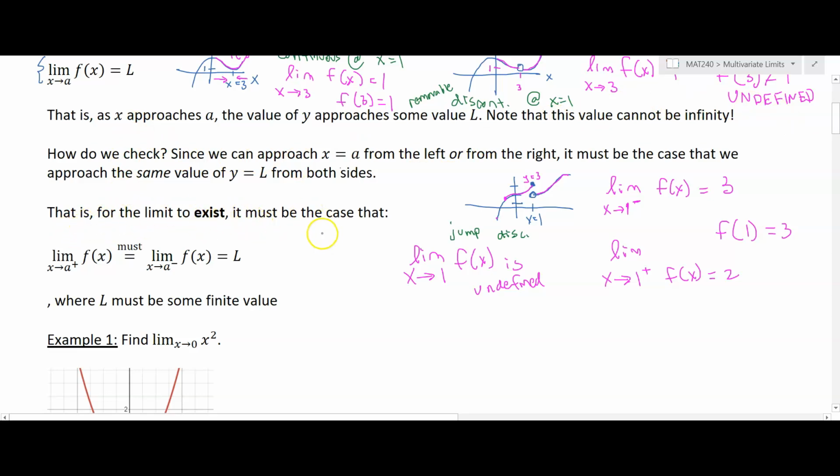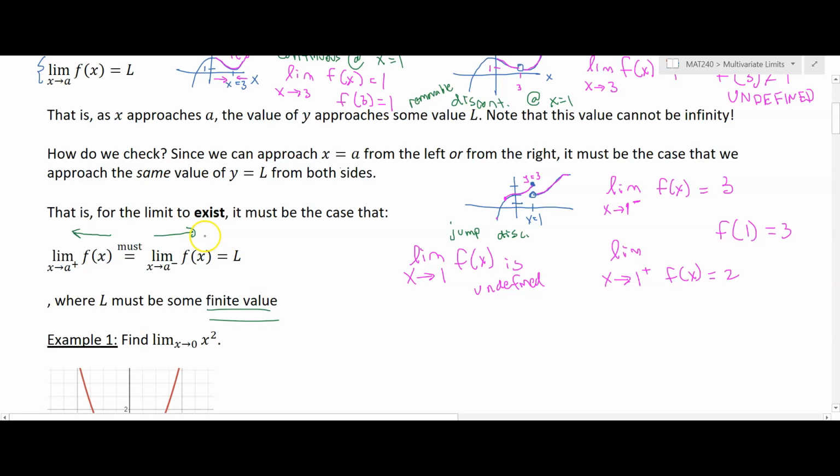For the limit to exist, the value of f of x that you approach when x gets closer to a, coming from the right side, I'll just draw a left arrow because this is saying we're coming from the right, moving towards the left, must equal the same value of f of x that we approach if we come from the left to the right. These need to be equal, and they need to equal the same finite value, so it can't be infinity. If it's infinity, we say the limit doesn't exist, because a limit means it's a stop value.